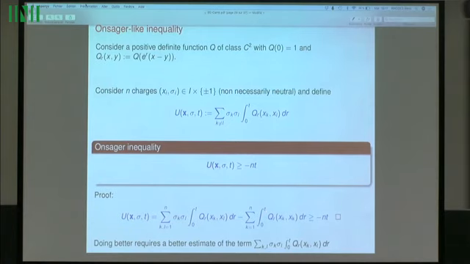This is Onsager inequalities, and if you want to get the minus 1, here you don't have the minus 1 I need, okay. If you want the minus 1 here, you need to be a bit more efficient when estimating this term here, okay. Here, I estimate this term by 0, I get Onsager. I want to estimate this term by t, okay, to gain the 1. So how do you do that?